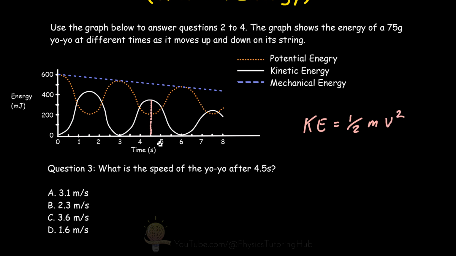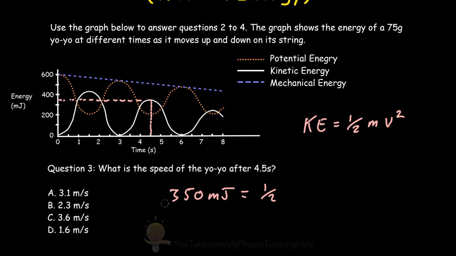So at 4.5 seconds, we get roughly 350 millijoules. So let's say our kinetic energy is 350 millijoules. And that's equal to half times the mass, which is 75 grams. I'm going to convert this all into kilograms and into joules.